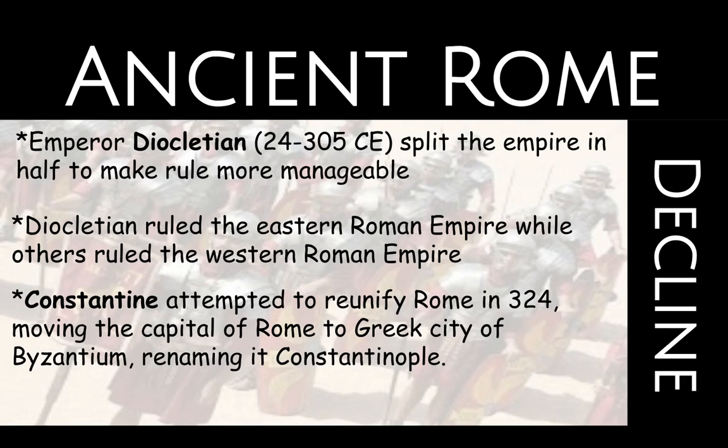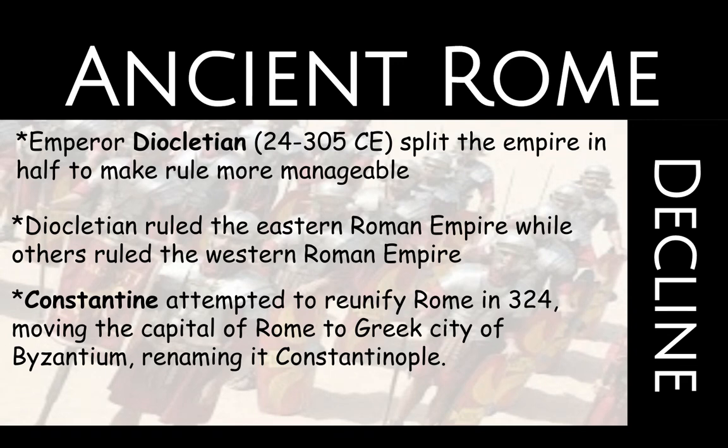That being said, the money could be used to support fortifications, to prevent invasions. They could be used to support military troops to protect the eastern half of the empire. So the eastern half of the empire was not only wealthy, but it was pretty safe. So Diocletian was actually really, really smart to move his headquarters to the eastern part of the empire.